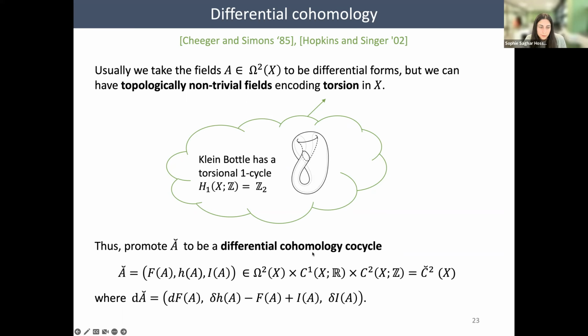So they would have three parts. There is the curvature part, which is just a form, then there is a holonomy part of this cycle, and there is another part which tells us about this torsional component, and it's a two co-cycle with integer coefficients.